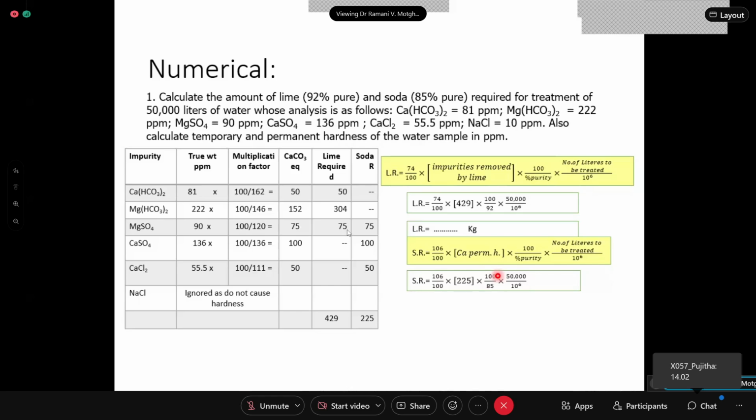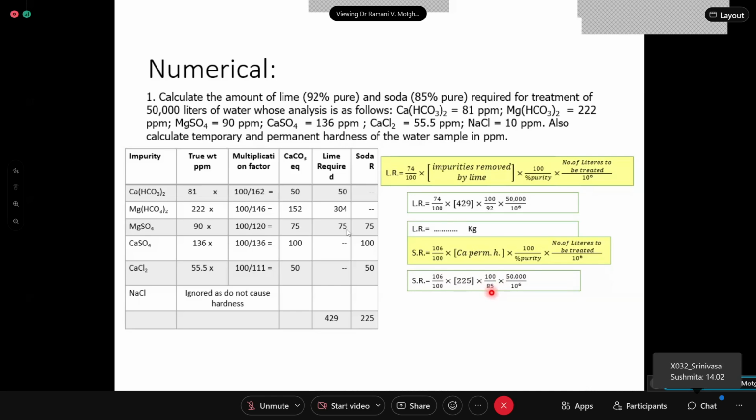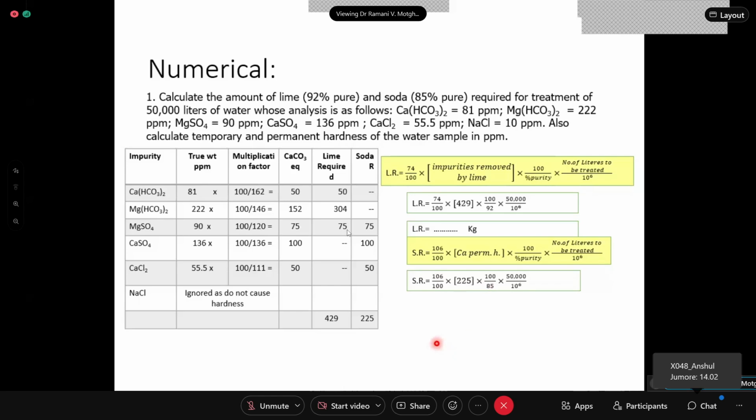You are always used to writing 85 by 100, because when we calculate a percentage it is 85 by 100, but this purity factor has to be 100 by the percentage purity because that much more quantity you are requiring. Are you getting it? But still I will show you answer sheets where students are writing 85 by 100 because of habit, as we are used to calculating a percentage as 85 by 100.